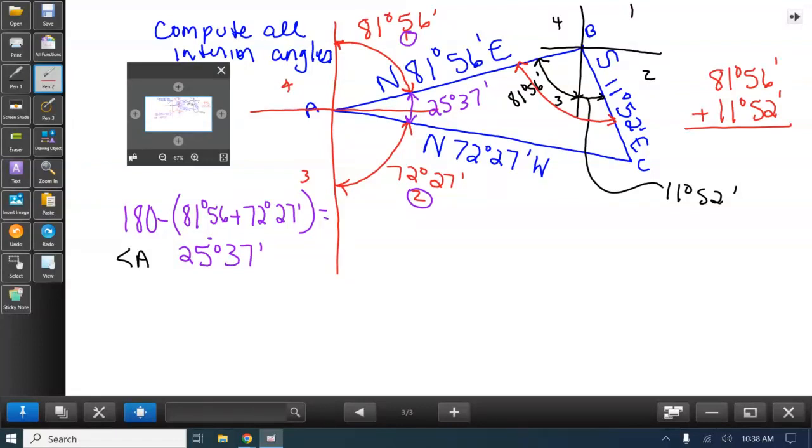Degrees. .93, 48 minutes. 56 and 52 gives me 108, and then we subtract out 60 would give me 48. So yeah, that would be right.